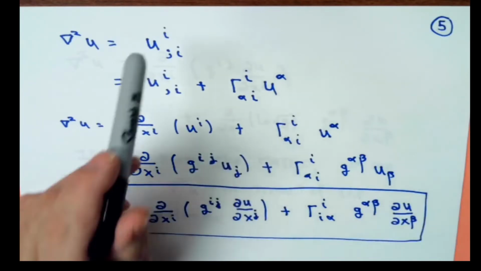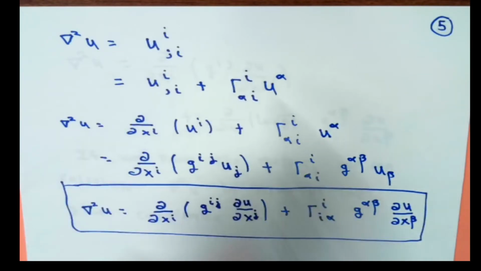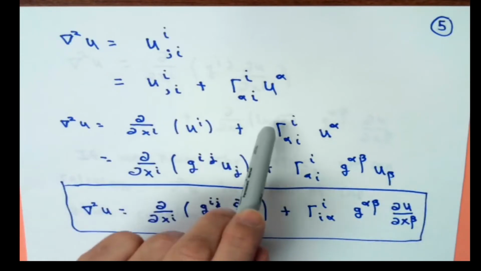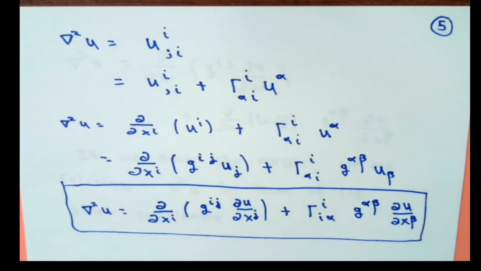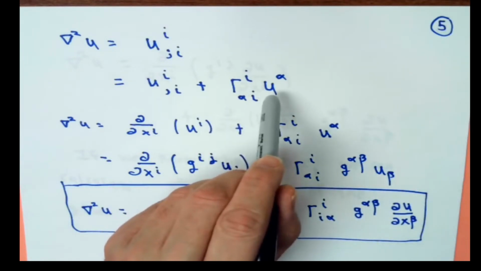Now, we have the I upstairs, so I have to have an I upstairs on the Christoffel symbol. We are differentiating with respect to xi, so I is the second index on the bottom on the Christoffel symbol, and I have to have a summation, so I'll just make up an index of summation alpha and calculate gamma I alpha I u alpha.